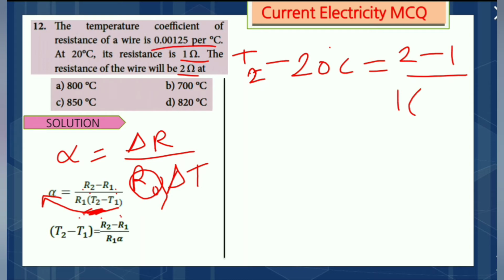The alpha value is 0.00125. So T2 minus 20 degree Celsius is equal to 2 minus 1, which is 1, divided by 0.00125.